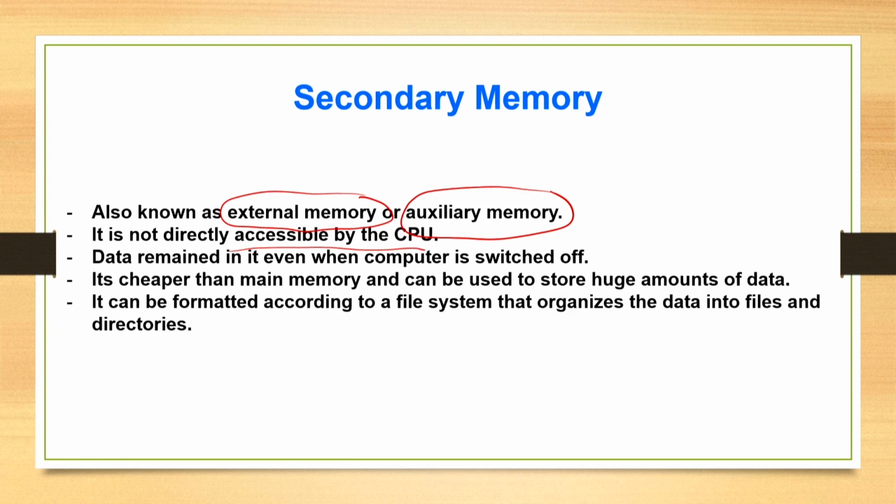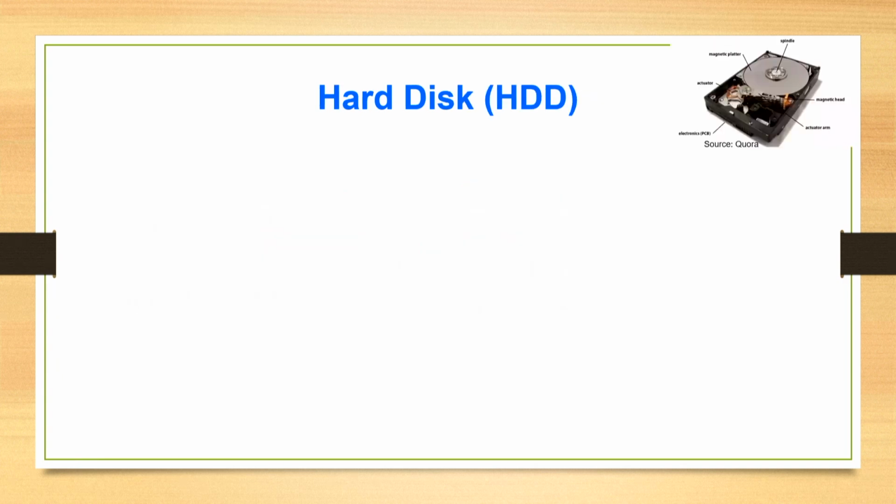Now, we will discuss the various types of secondary memories used in a computer system. First one is the hard disk. From the diagram itself, or you can say image, you get an idea of this hard disk. It contains magnetic platters, a spindle, magnetic heads and a PCB.